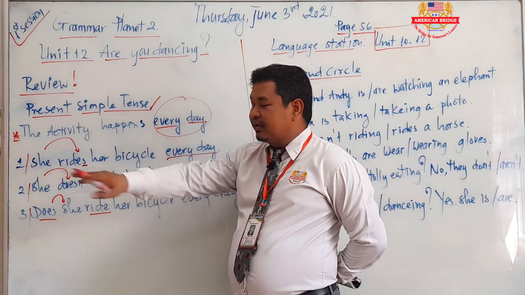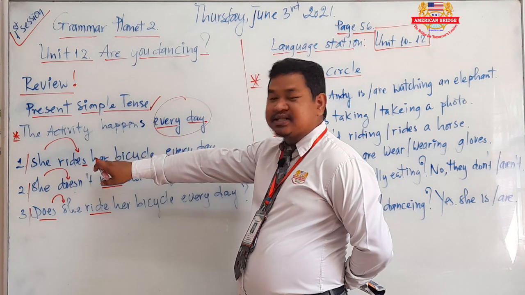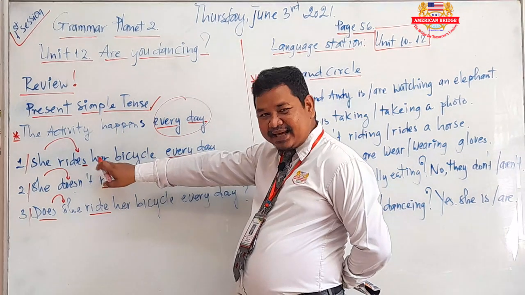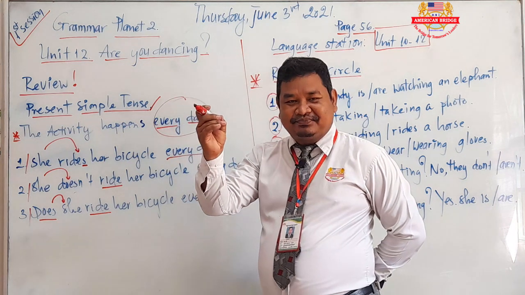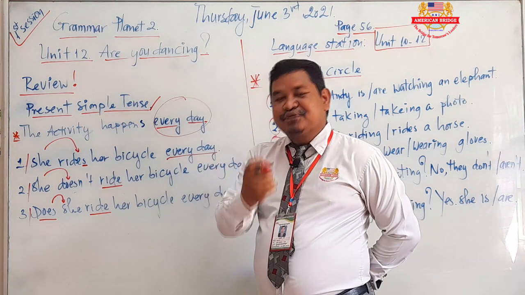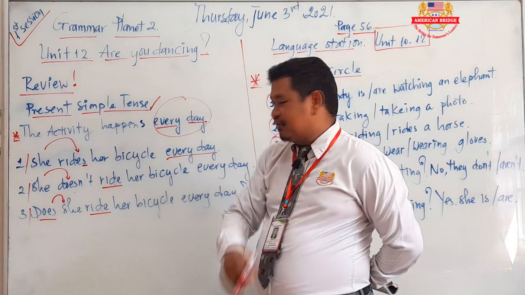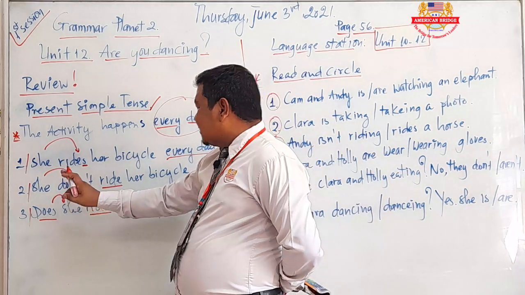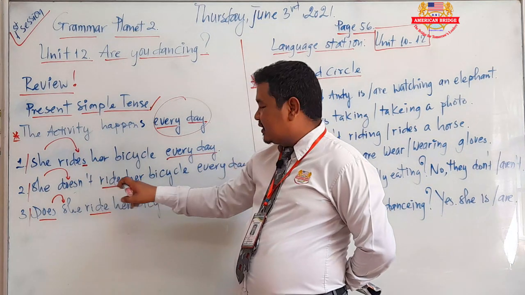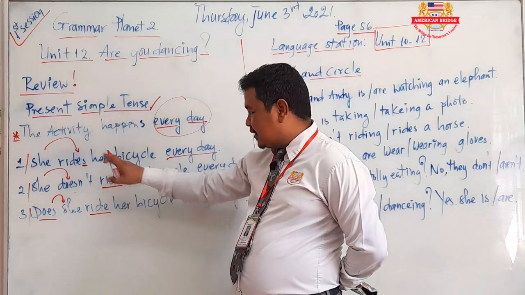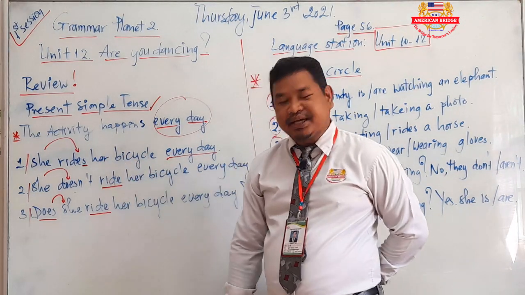But for the affirmative or positive form, you have to add s or es, or change y to ies, based on the verbs that I have taught you already. If you want to make a negative sentence, you add does plus not and the base form of the verb, no s or es, no changing y to ies.